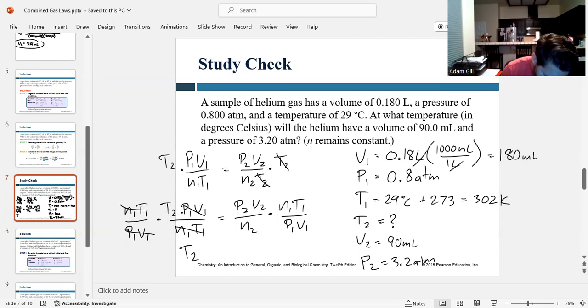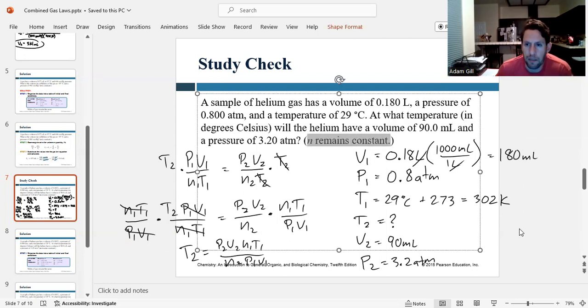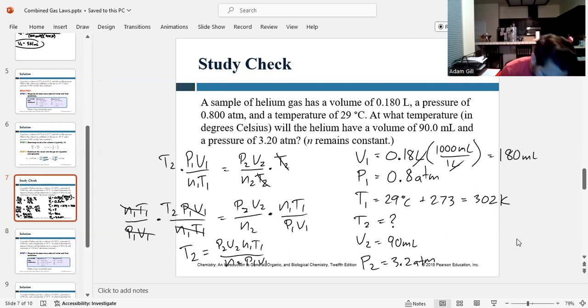So we have T2 is equal to P2 V2 N1 T1 over N2 P1 V1. But the moles remain constant, and so we can eliminate moles from the expression. And so that simplifies to P2 V2 T1 all over P1 V1.